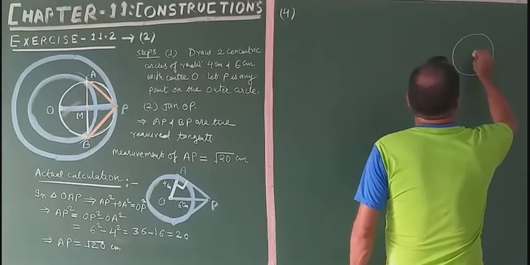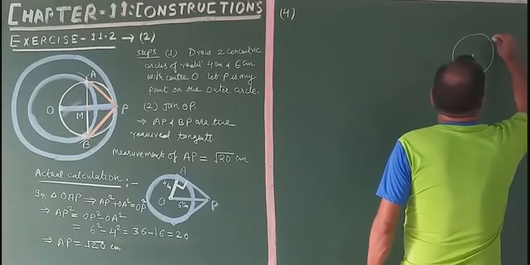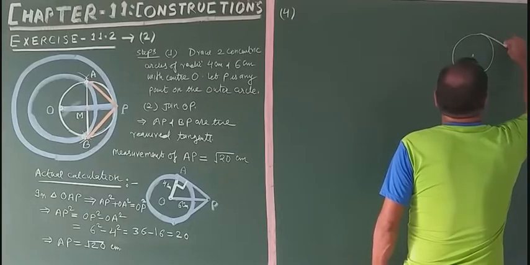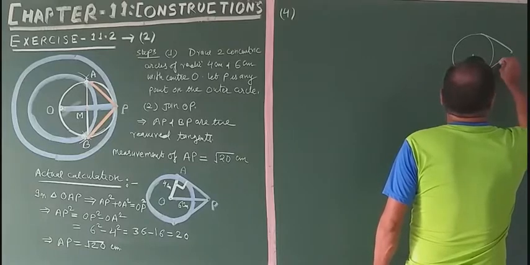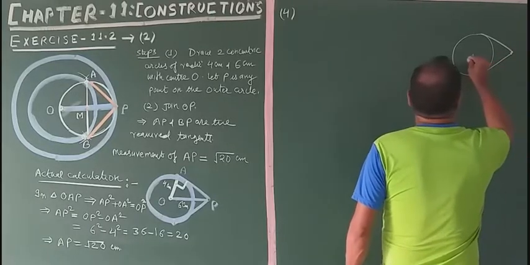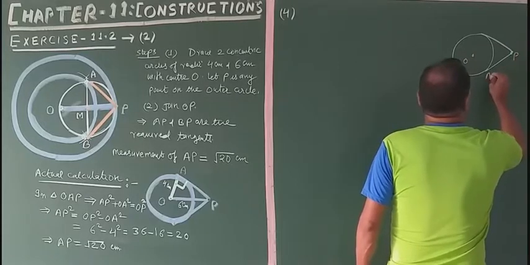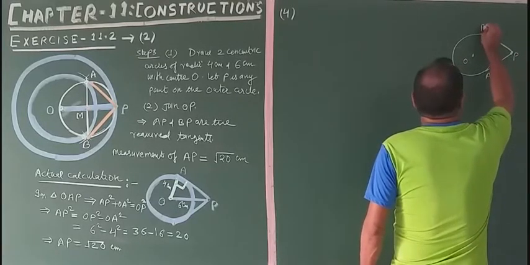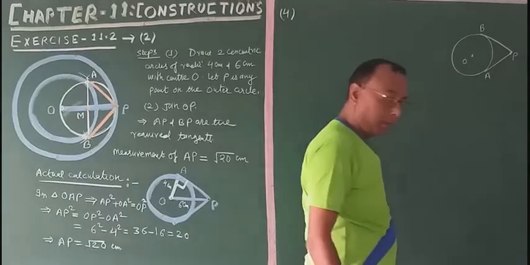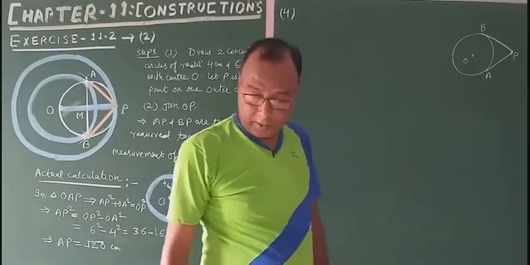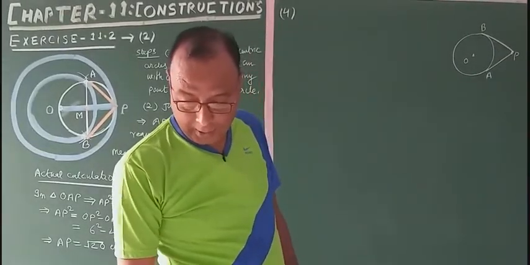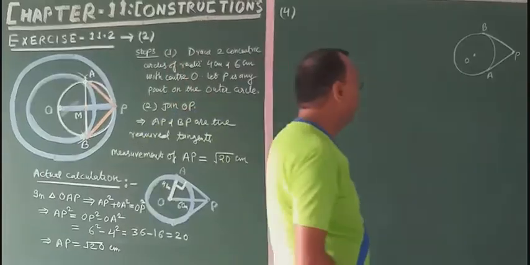This is the circle, and these are the two tangents. They are inclined to each other at an angle of 60 degree.